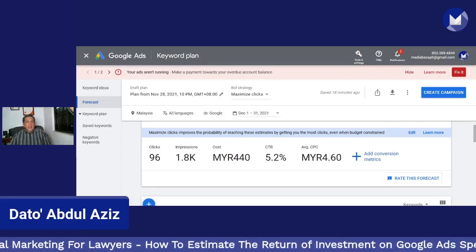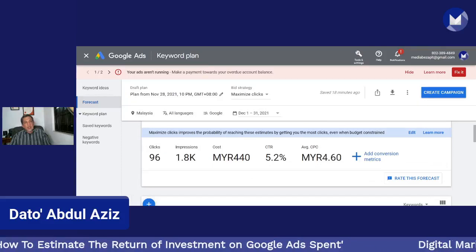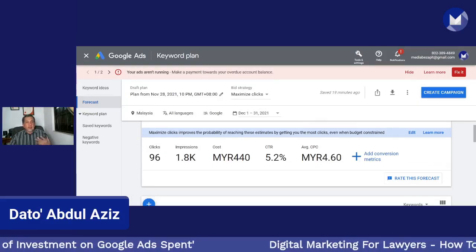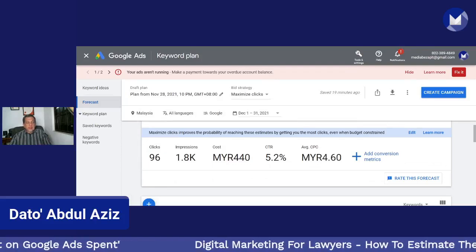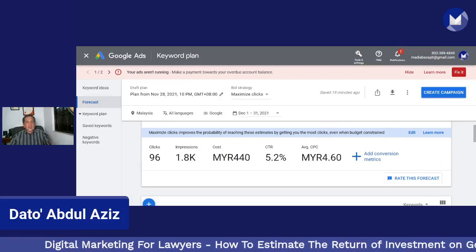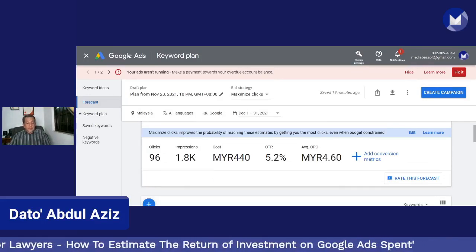In any pay-per-click campaign, normally when someone clicks on an advertisement in Google, they will be directed to a certain target, which is normally a website or something else.